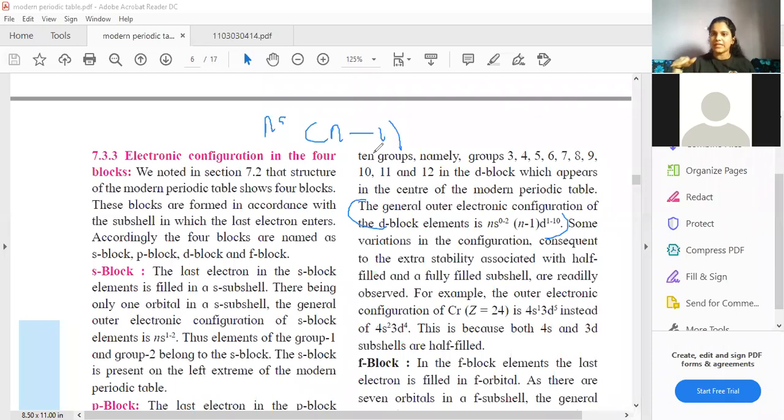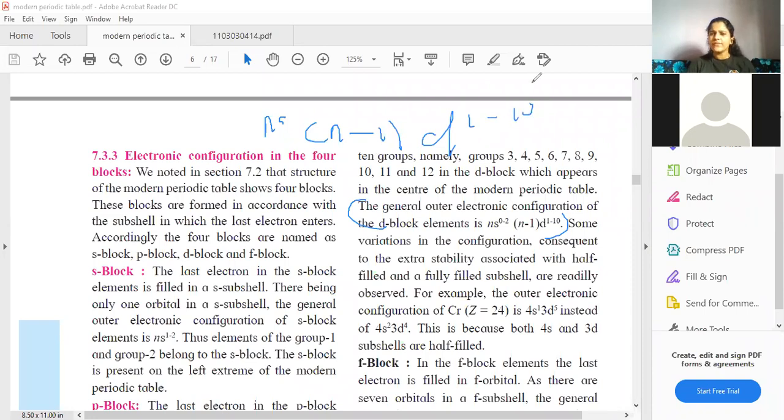Like in the fifth period, first 5s will be filled and then 4d will be filled. In the sixth period, first 6s will be filled and then 5d will be filled. You all are understanding? So this n minus 1 pattern is going to follow throughout the D block, not only in the fourth period. So the d goes from 1 to 10.